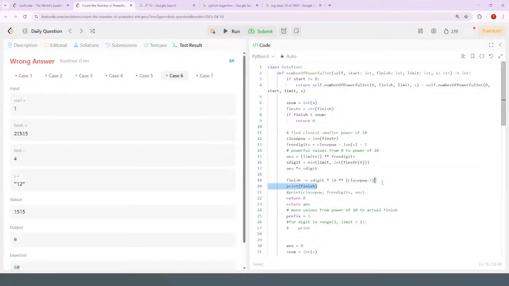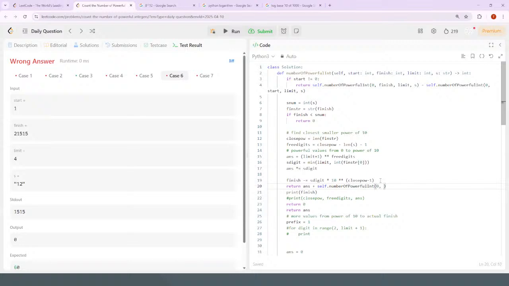Okay, so then you say that you're going to return your answer plus another self call number powerful int from 0 to this new finish, limit, s.